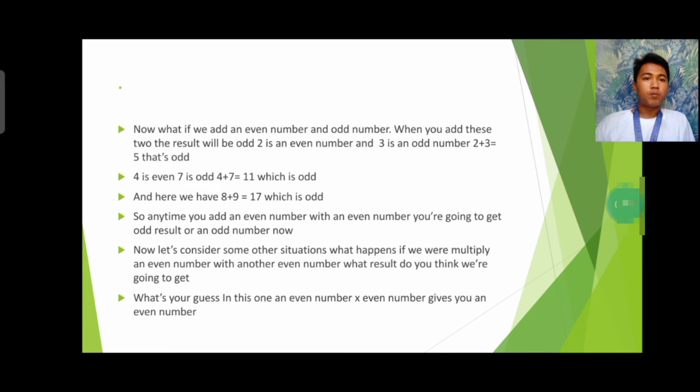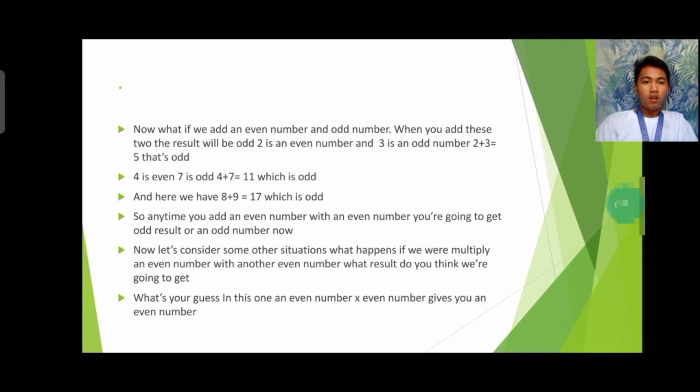Now, what if we add an even number and an odd number? When you add these two, the result will be odd. 2 is an even number and 3 is an odd number. 2 plus 3 equals 5. That's an odd number.